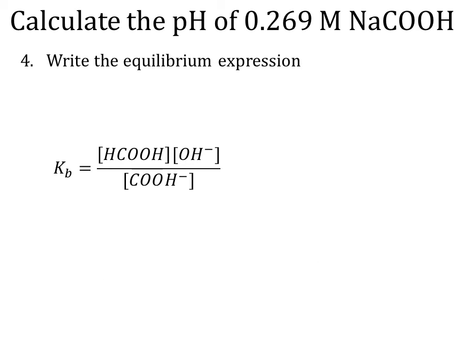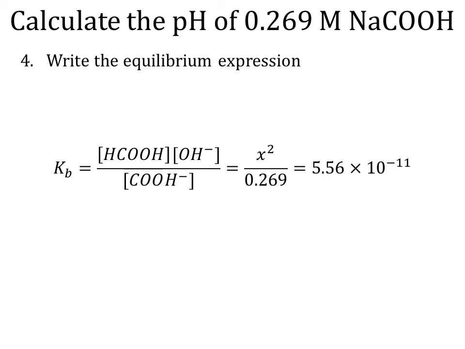In our fourth step, we write the equilibrium expression. Kb is equal to the concentration of reassociated formic acid times the concentration of hydroxide divided by the concentration of formate. Again, because we have a Kb expression, we expect hydroxide to be in the numerator.